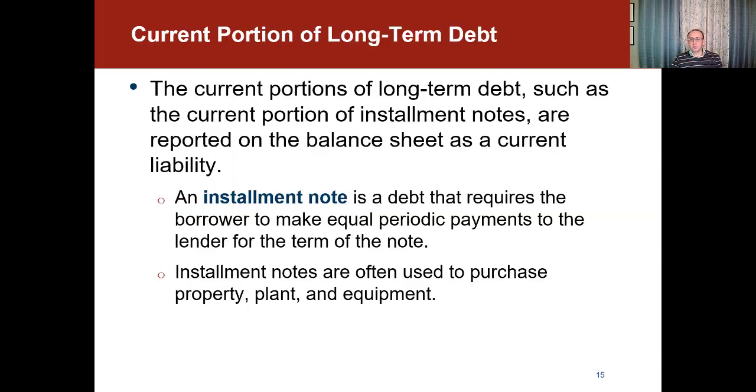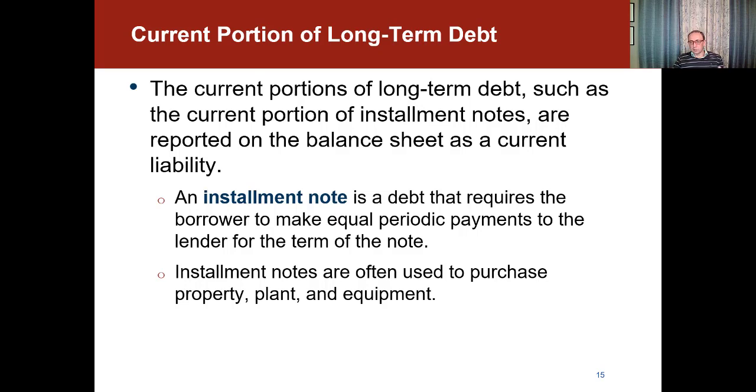One more thing, which is something called the current portion of long-term debt. If we have a debt that is, let's say, a mortgage for 15 years, and we pay regular mortgage payments on a monthly basis for the coming 15 years, the current portion of that long-term mortgage is going to be considered a current portion of long-term debt, because remember, during the current year we have to make like 11 or 12 payments for that part of the long-term note.